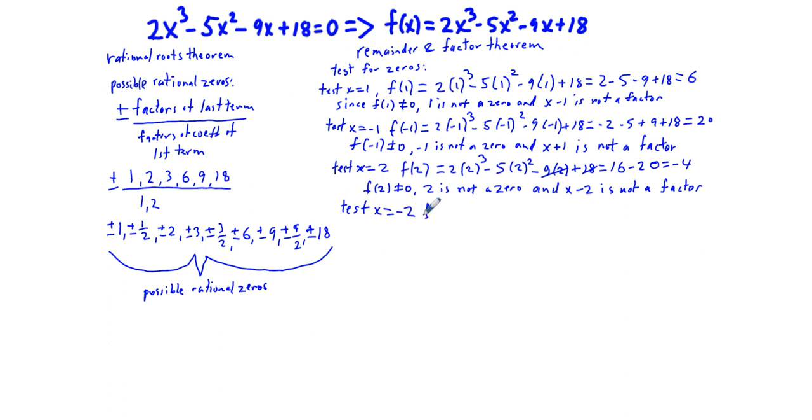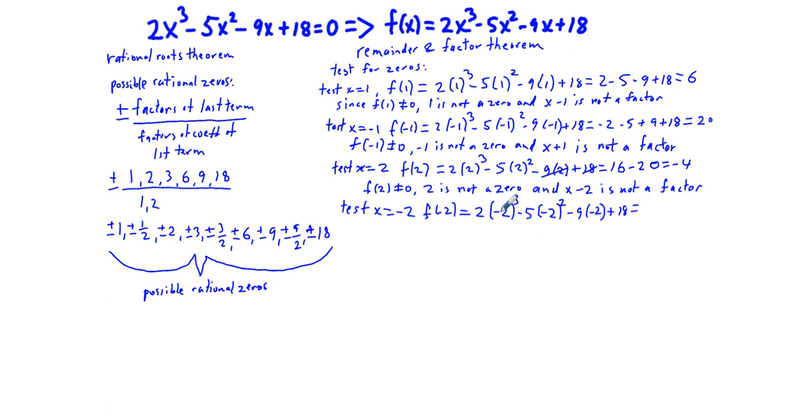So f of negative 2 is going to be 2 times negative 2 cubed minus 5 times negative 2 squared minus 9 times negative 2 plus 18.